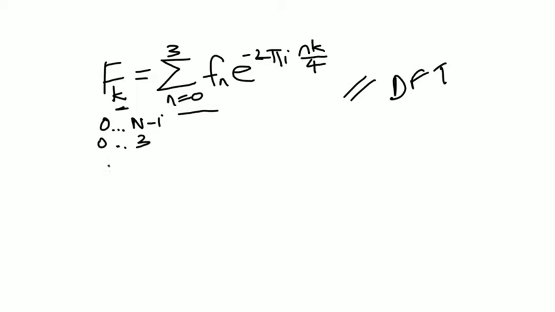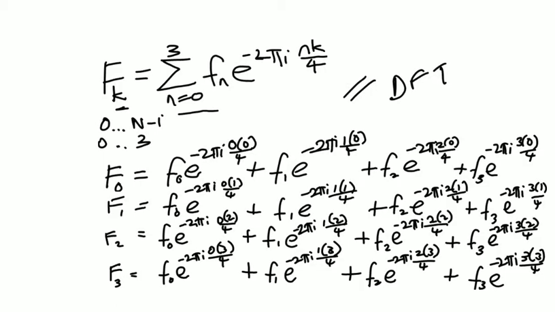So I have f0 equals f0 e to the minus 2 pi i 0 over 4. Well, this is going to take some time, so let me jump straight ahead. When we write everything explicitly, this is what we have.